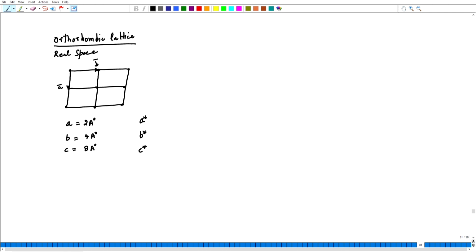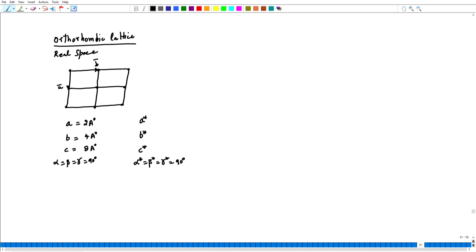Since this is orthorhombic, all 3 axes are at 90 degrees to each other, which means alpha equals beta equals gamma equals 90 degrees. It also implies that in reciprocal lattice space, alpha star equals beta star equals gamma star equals 90 degrees.